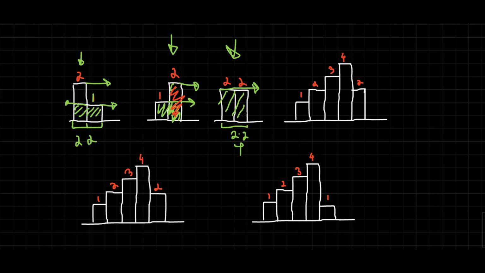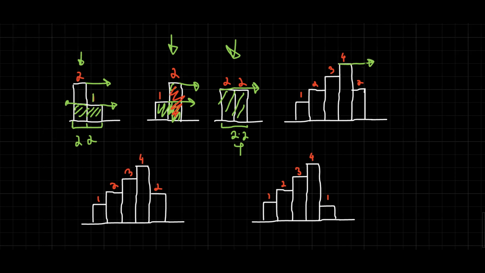Now let's take these scenarios. Here, in this portion, the bars are increasing, but here the bars are decreasing. Okay, now suppose for this bar which has height 4, we cannot extend it to the right side.